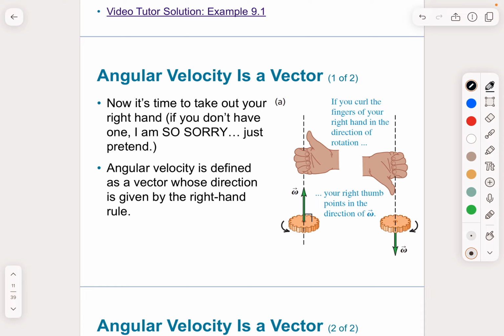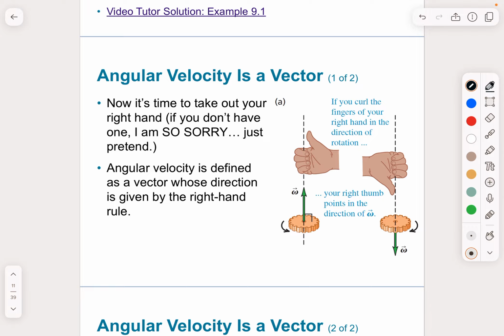And so the right hand is important because this is kind of how we all are on the same playing field. We all are agreeing to how things should be moving and what the positive sense means. So that thumb that points along the z-axis, that thumb is going to be the vector, okay? So angular velocity is a vector, right?